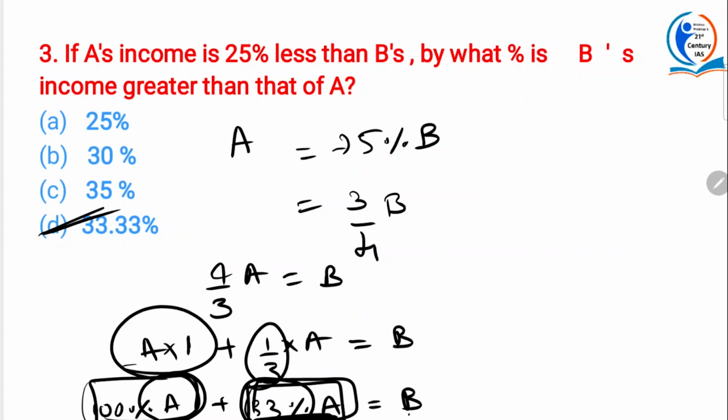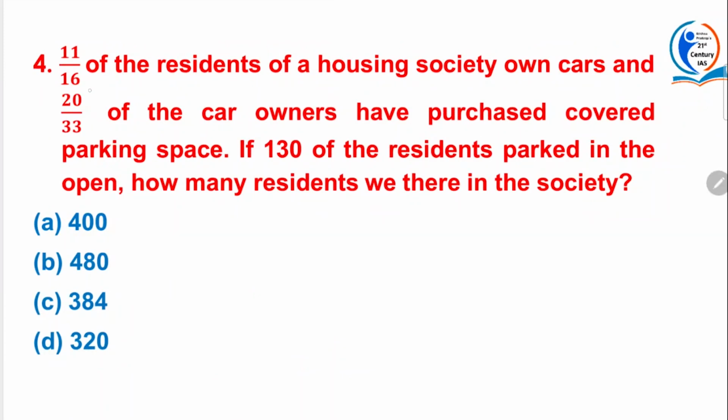Now, 11 by 16 of the residents of a housing society own cars, and 20 by 33 of the car owners have purchased covered parking space. If 130 of the residents parked in the open, how many residents were there in the society?